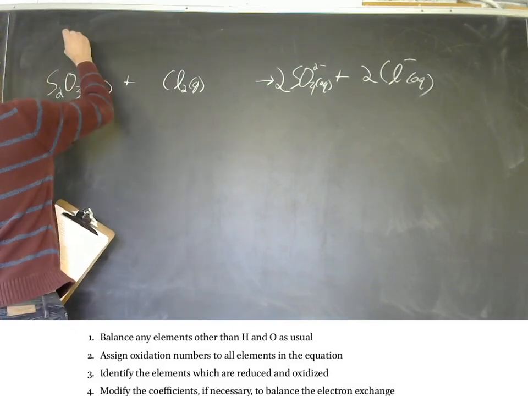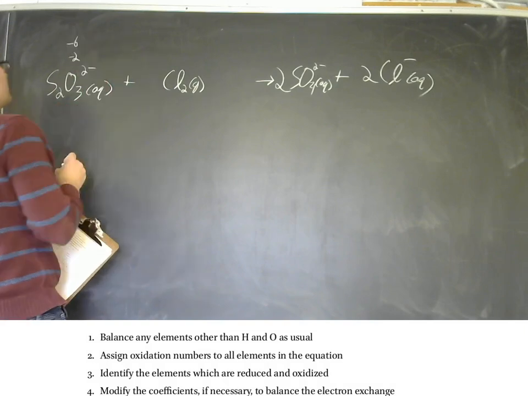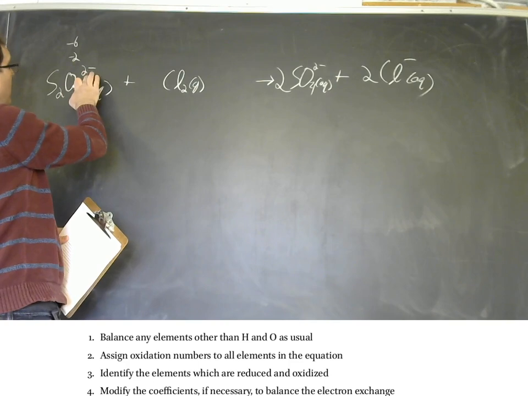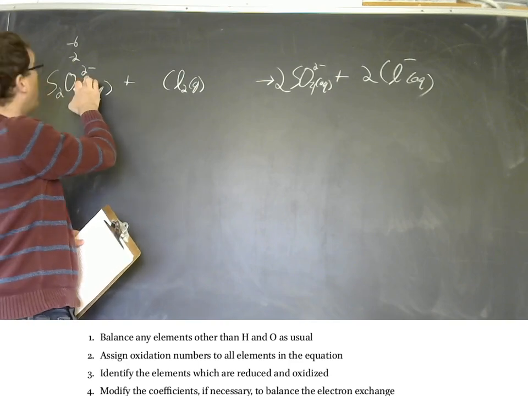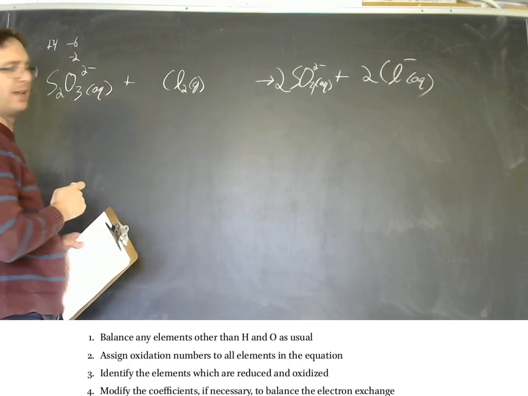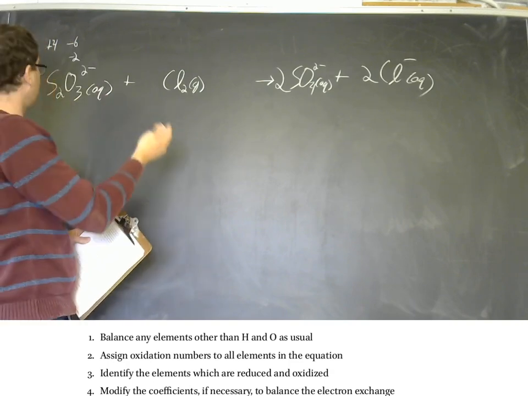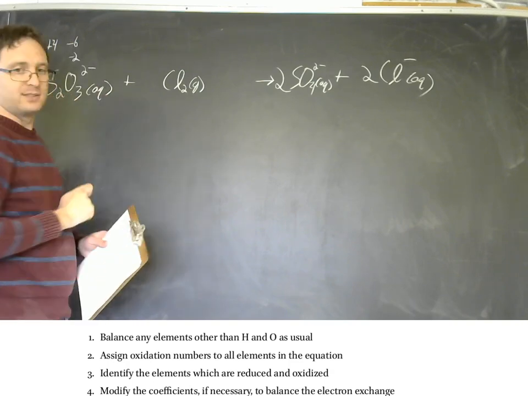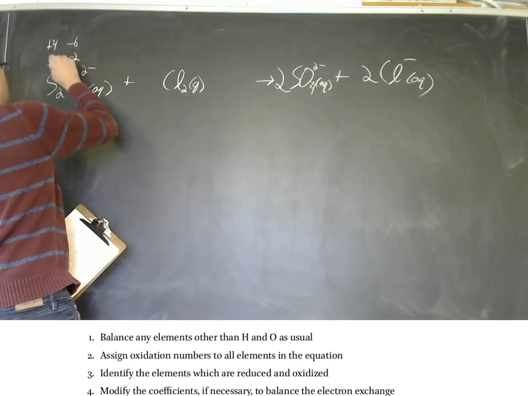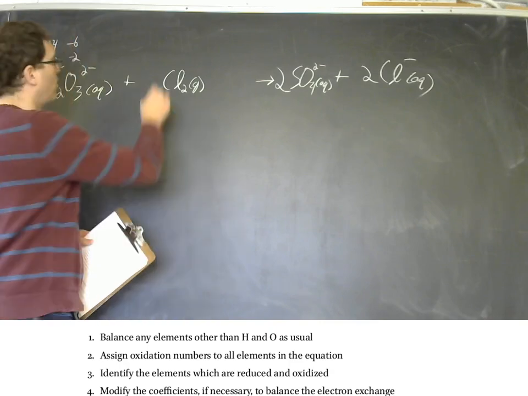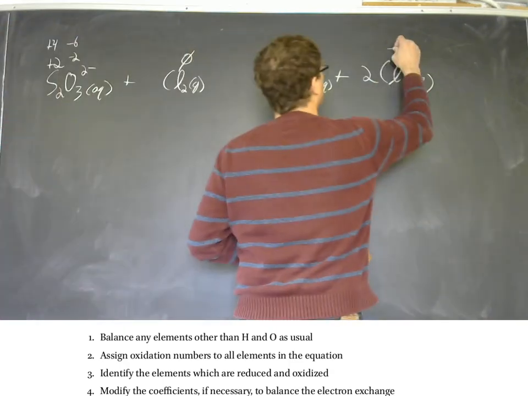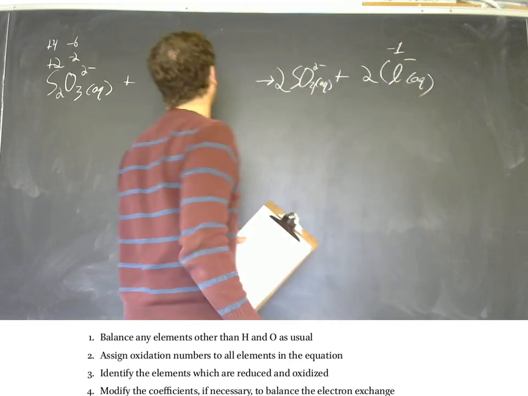There are 3 of them, so that's a total of -6. This ion has an overall charge of 2 minus, and so there should be a +4 in there that is counterbalancing the oxygen, and it is divided between 2 sulfurs, so each of them is just a +2. The chlorine here is easy, that's 0. The chloride is also easy, I'll just put that in right away, -1.